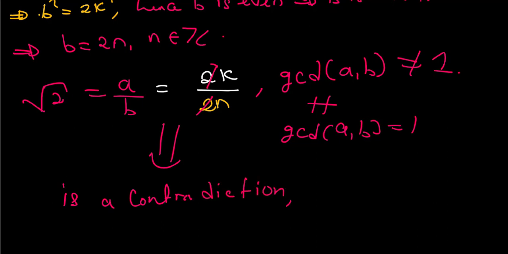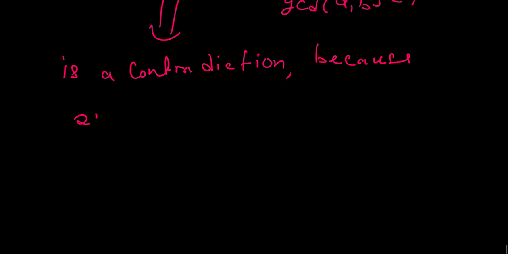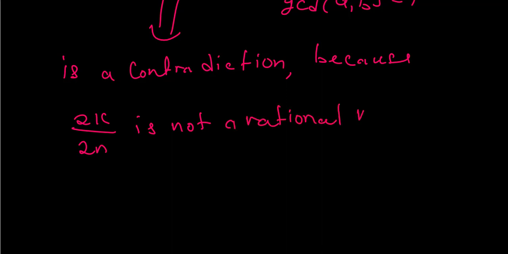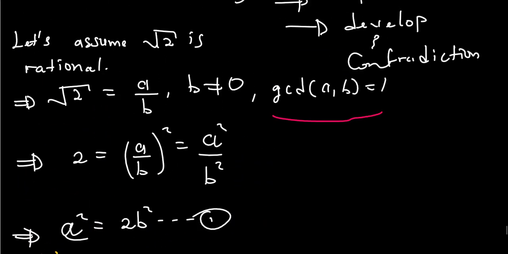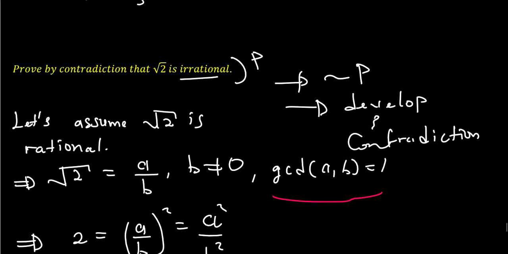Why? Because 2k divided by 2n is not in lowest terms, so our initial assumption that root 2 is rational is not correct.